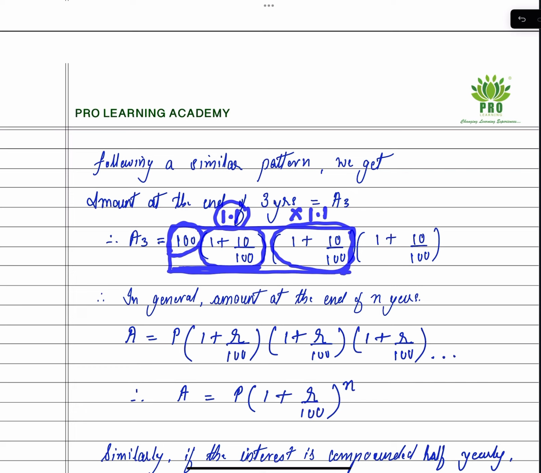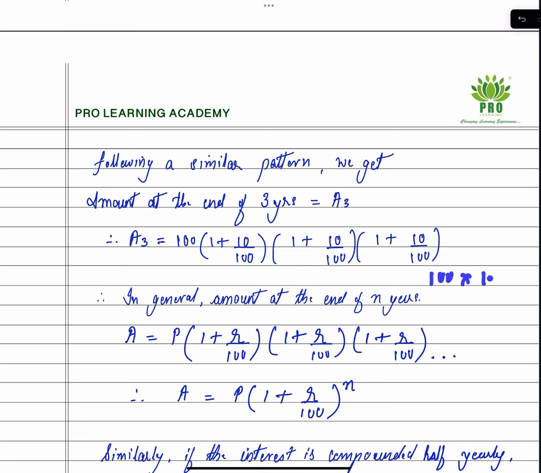Now if this acts as a principal and it is subjected to a growth of 10%, again we are multiplying with 1 plus 10 over 100, which means we are multiplying with 1.1. Effectively, my original 100 is getting multiplied with 1.1 the whole power 3. So this power 3 is ensuring a growth over a period of 3 years.